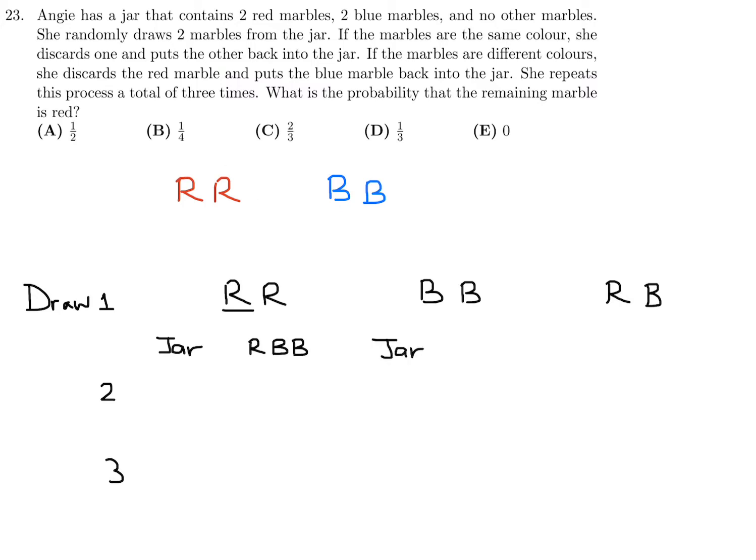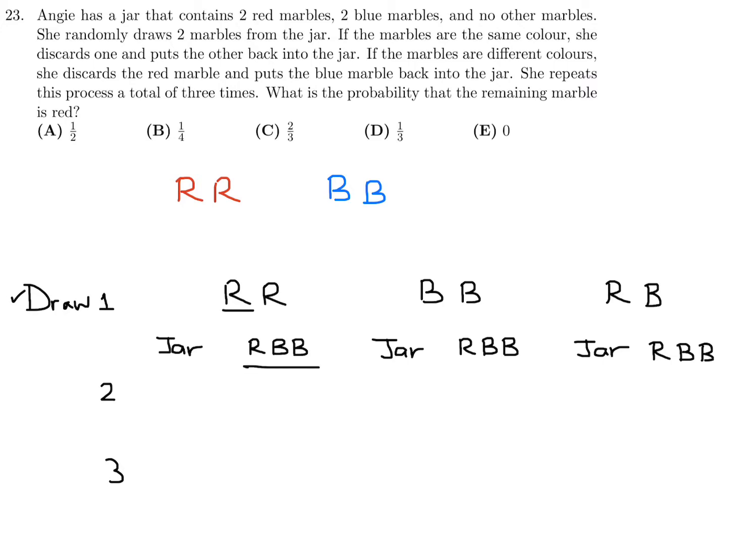Similarly, with this guy, it would also be RBB for pretty much the same reason. And then this one, it's different. Here, she discards the red marble and puts the blue back. So then my jar would basically be RB plus B, so RBB, like this. Okay, so draw number 1 is complete.